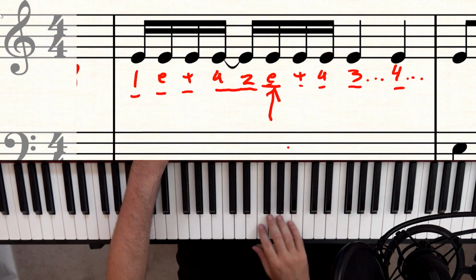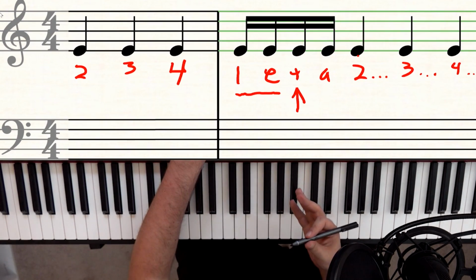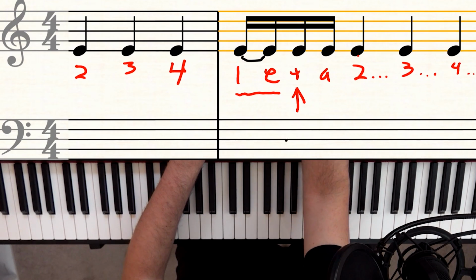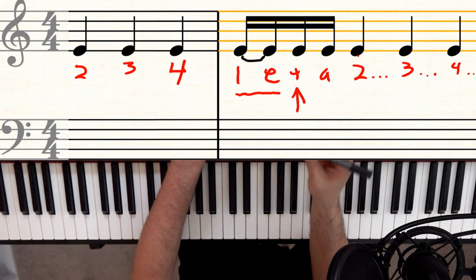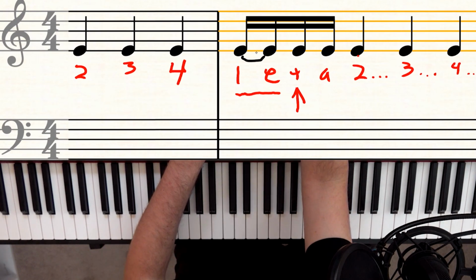So here's how you're going to count that one: 1 e and a, 2 e and a, 3 e and a, 4 e and a. Now, I mentioned a second ago that you're not going to see a lot of ties in the middle of those 16th note patterns, and here's why. If we had a tie here, this is literally the same as this.